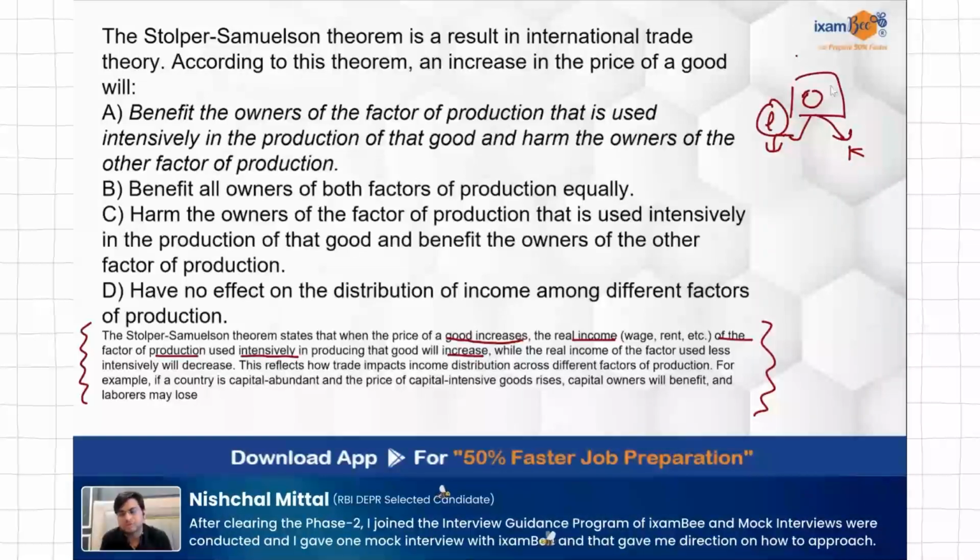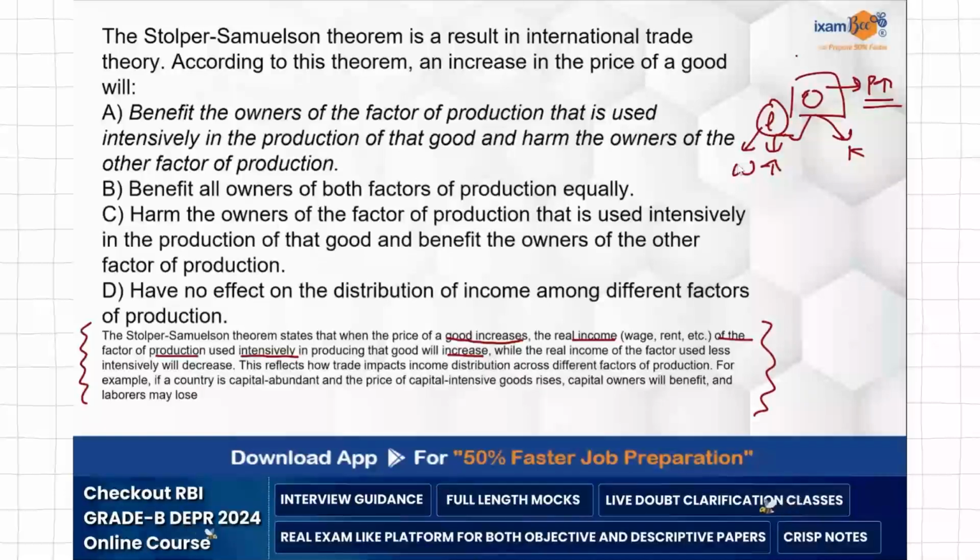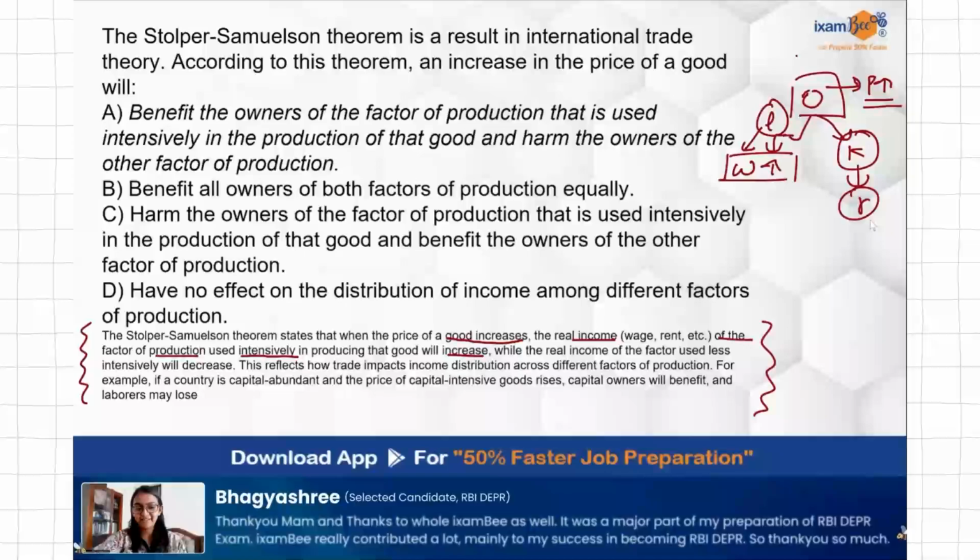So in this scenario, if the price of this good increases, what will happen? It will increase the price of labor. That means it will increase the wage, or real wage rather, of this labor, but it will not increase the price of capital or the rent, right?